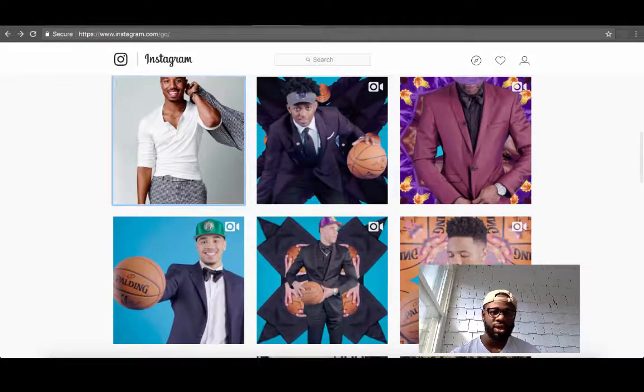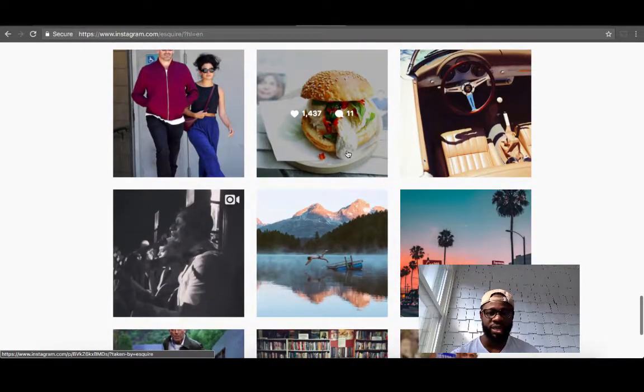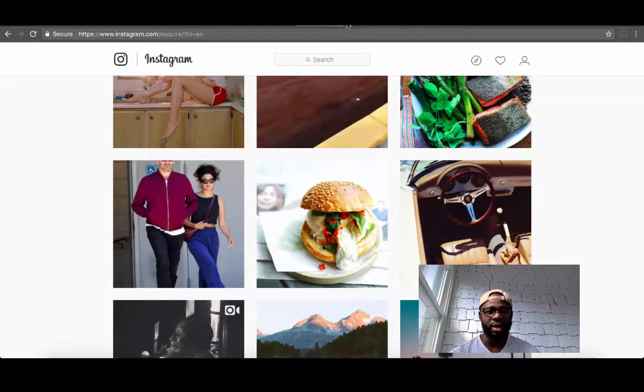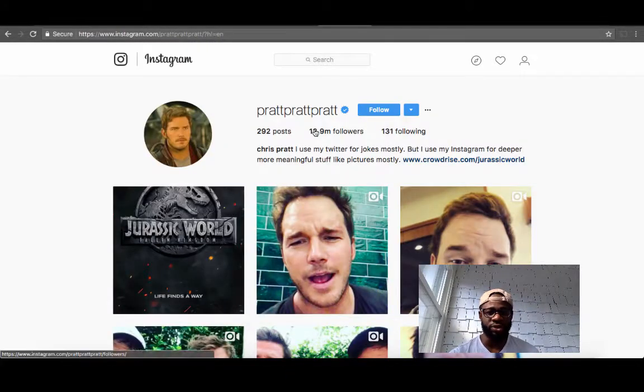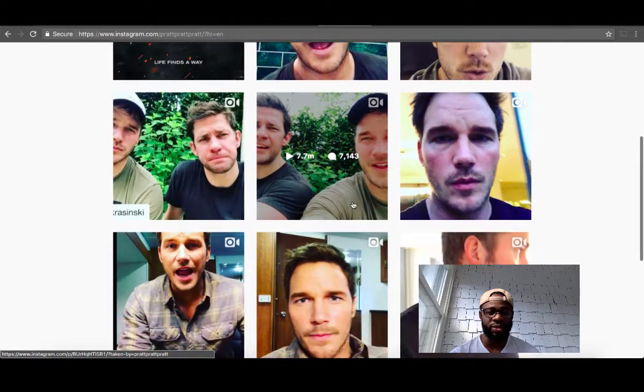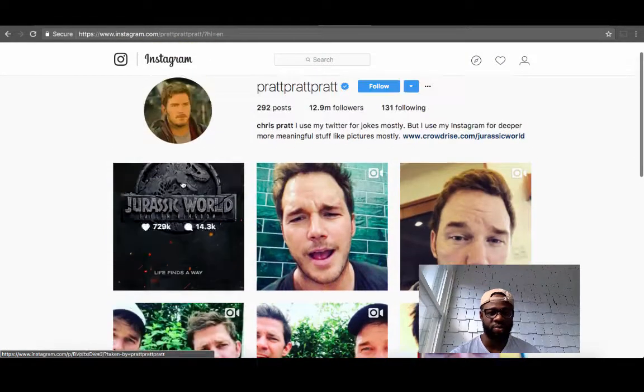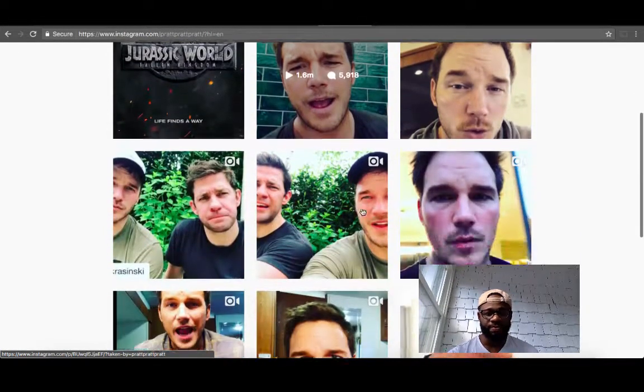Then we can do the same process for Esquire, and now let's jump over to celebrities. So Chris Pratt has tons of pictures. Let's see if we can find a more popular picture of him.